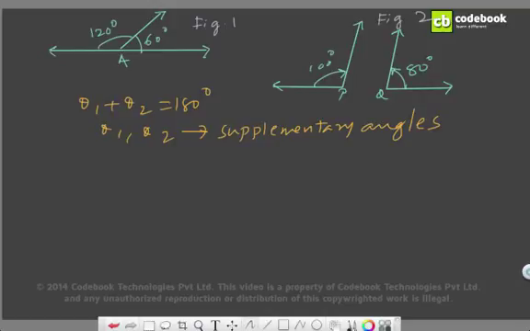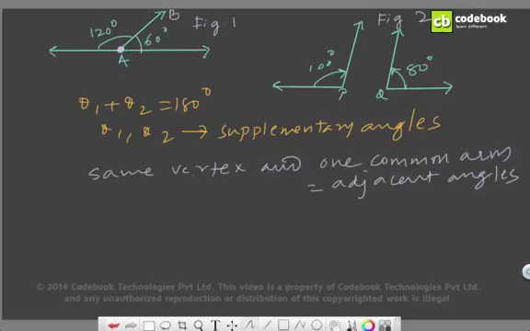Now let's look at figure 1 one more time. The two angles 120 and 60 degrees both have the same vertex A, and they have a common arm, let's call this B, a common arm AB. So these angles are called adjacent angles.